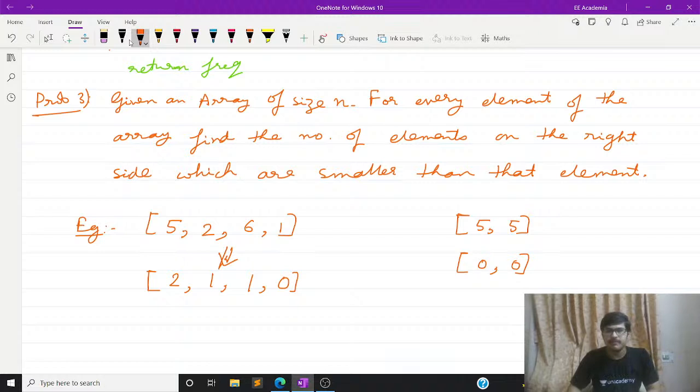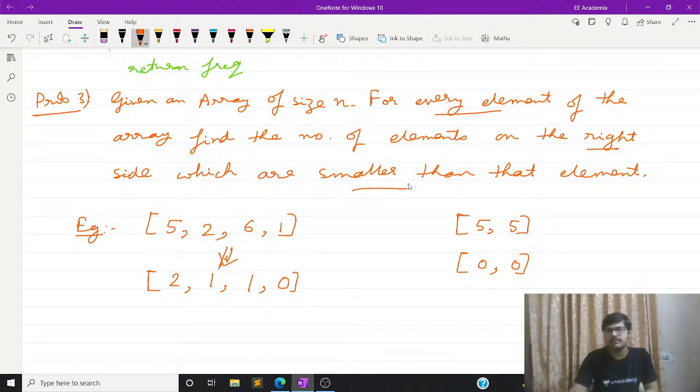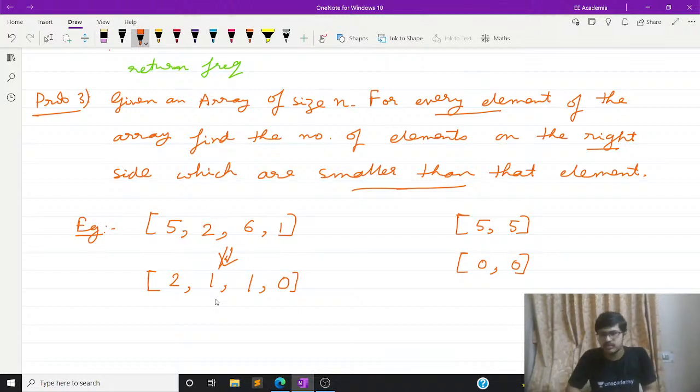So if the problem is clear, how do you think you can solve this problem? Any idea? Anyone? For every element, you need to find the number of elements on the right which are smaller than it. So this would be the result for 5 2 6 1: 2 1 1 0 will be the result.